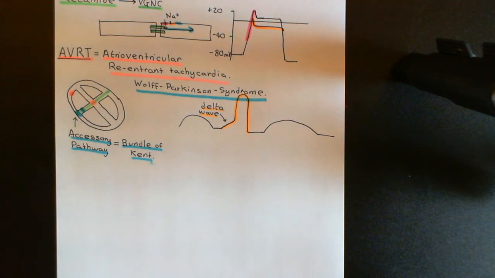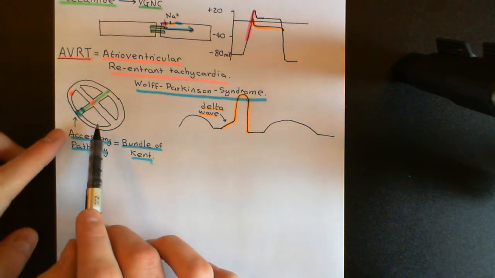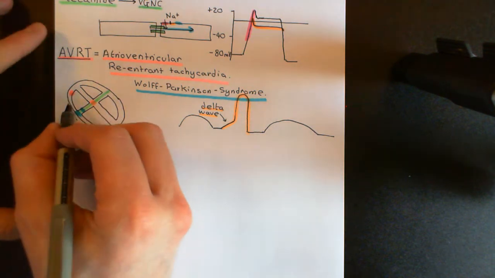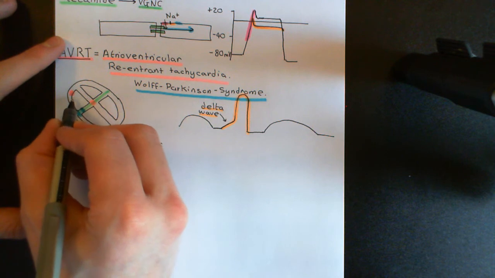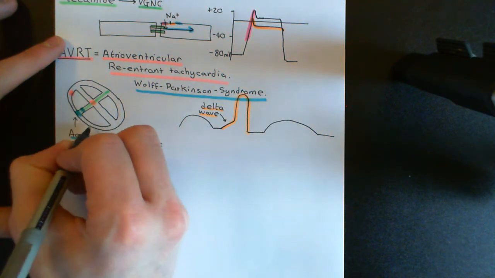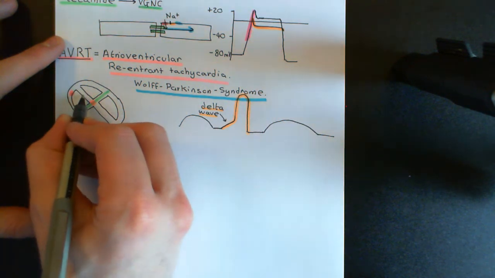Okay, right. However, there is of course the risk that something goes wrong and then the electrical signals don't end up cancelling each other out, and then you can end up with circus rhythms establishing. Now, there are two possibilities here. Either the electrical signal can go round in the direction where it goes through the AV node, goes through the ventricular conduction system, and then goes back up the accessory pathway, so like so.